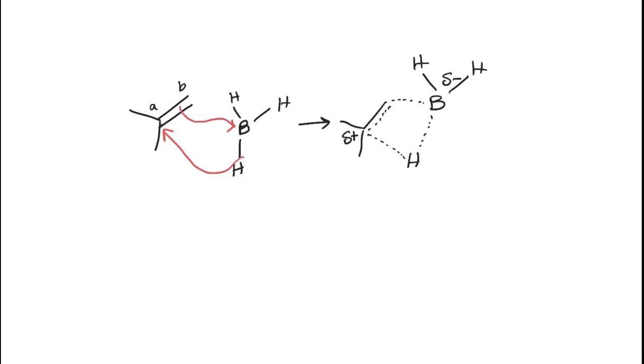Now, can you draw the other transition state? Add boron to the more substituted carbon and hydrogen to the carbon with more hydrogens. So draw the other possible transition state, where boron starts to form a bond with A and hydrogen starts to form a bond with B. And tell me which one is more stable, this one that I have here or your transition state.